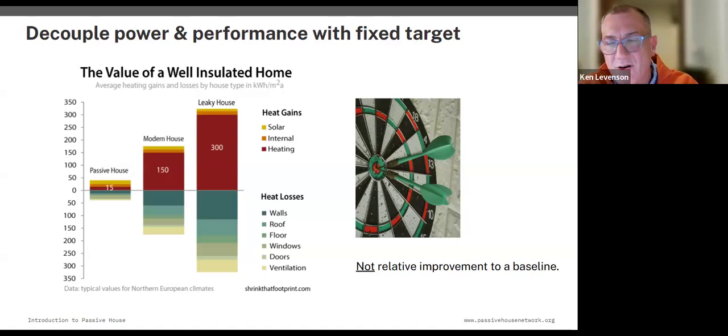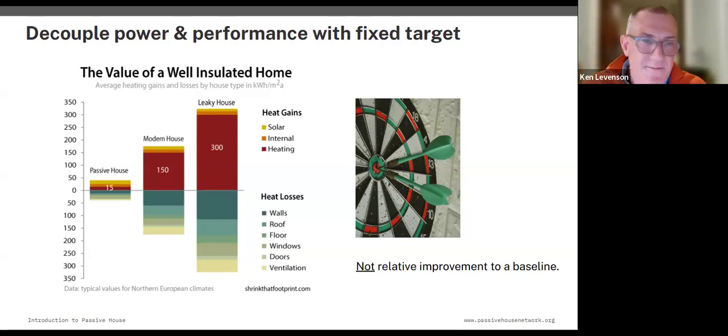We expect our computers to be more and more powerful and to use less energy, and the same thing with our phones, right? It's remarkable what's happened with electronics, but our buildings, by and large, if anything, have gone in the other direction, where they're using far more energy to maintain basic comfort.